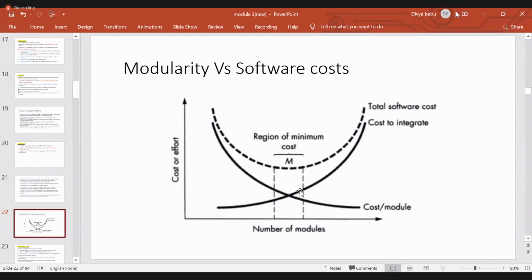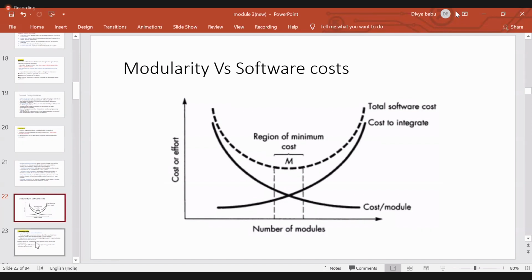It depends on the project complexity. You will get a point which is almost in the average, in the middle, not too high, not too low, in between. Then you will get a region of minimum cost that is represented by this dotted curve. So minimum cost is this area.